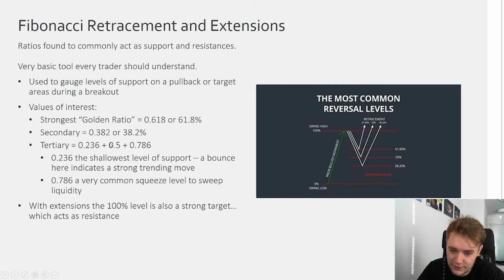The 0.5 is literally the midpoint. The 0.236 is going to be the shallowest Fibonacci number. This can be a strong support if the trend is really strong. So in a parabolic bull market, you'll see that usually only the 0.236 is tested before continuation. On the other hand, the 0.786 is a very common squeeze level to sweep liquidity.